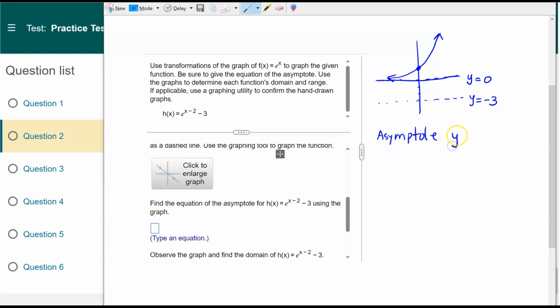You type in y, so you include the variable y, not only -3, because that could mean x equals -3, which makes it incorrect. So you have y equals -3. Again, include that variable y. And then for the domain, you would always write the set of all real numbers. And how do you write that? It's the interval from -infinity to infinity.